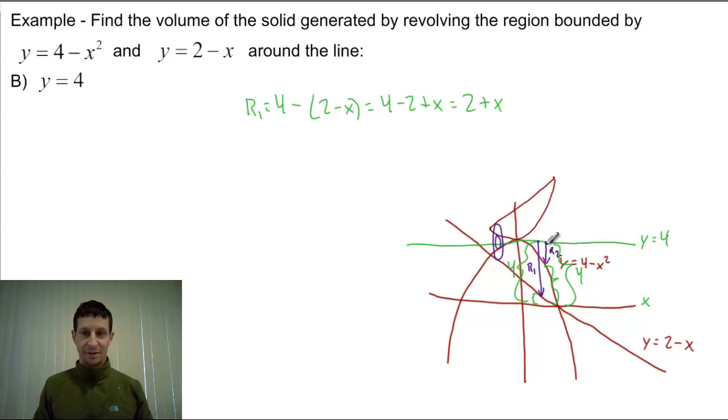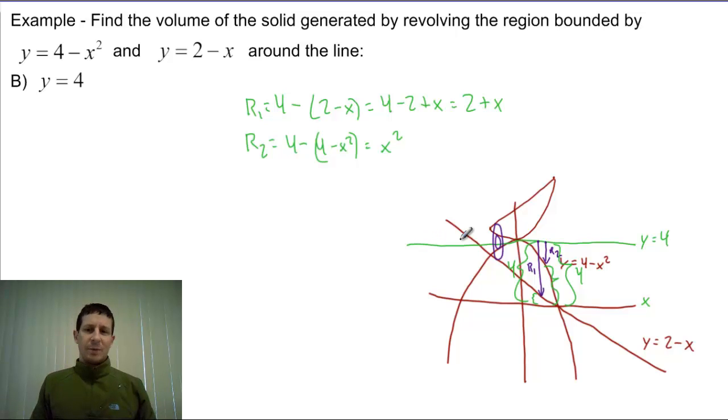So to find this little tiny radius here, we need to subtract out this parabola piece of 4 minus x squared. So r sub 2 should equal 4 minus (4 minus x squared). This time we get 4 minus 4, so we end up with just an x squared.